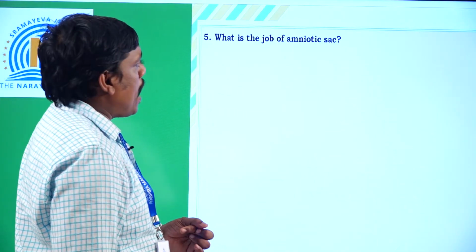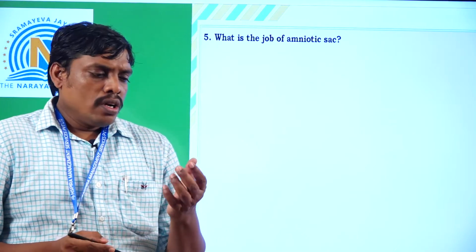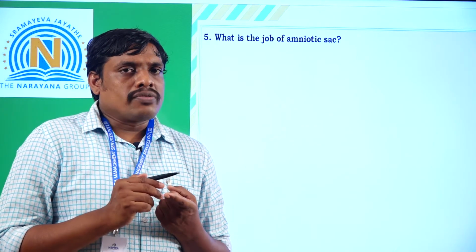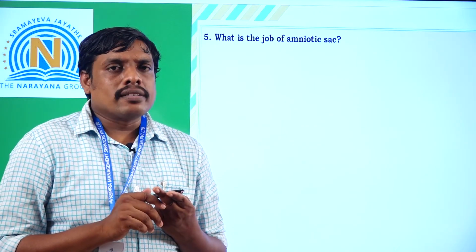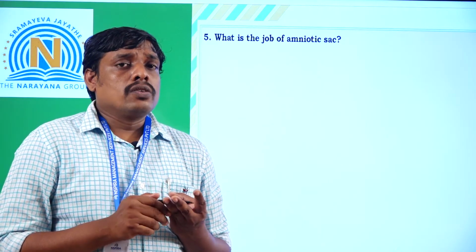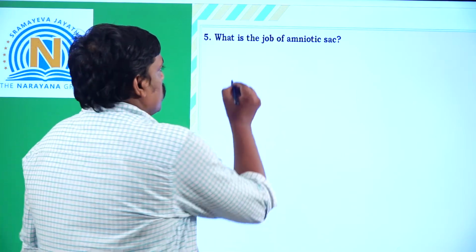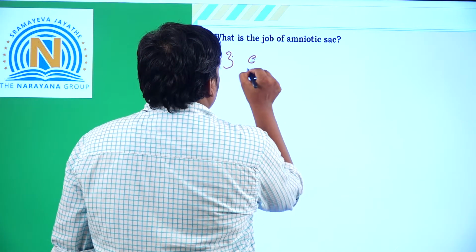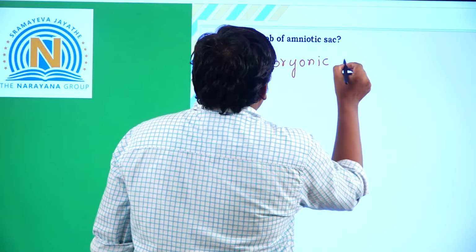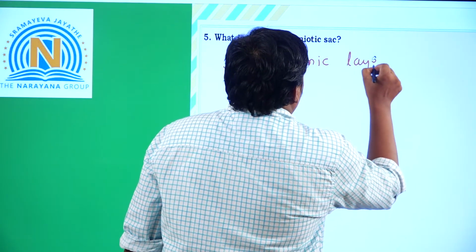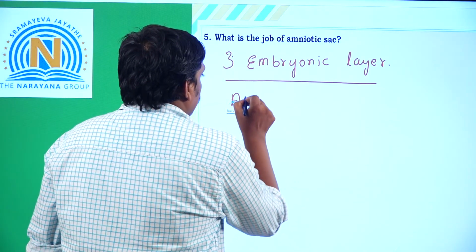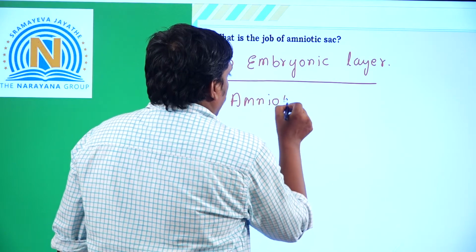What is the job of the amniotic sac? As you know, the first extra-embryonic layer is the placenta. After the placenta, the chorionic layer is seen. The third extra-embryonic layer is the amniotic sac.